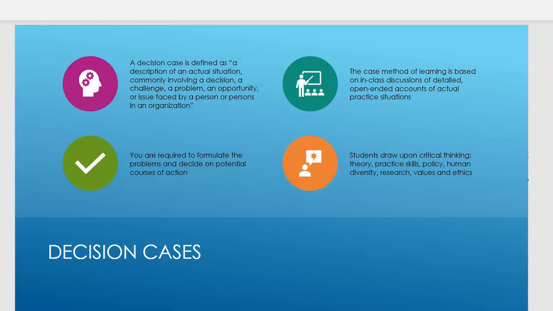The case method of learning is based on class discussion of detailed, open-ended accounts of actual practice situations. So the in-depth case analysis is designed to provide ways of thinking about the case, to identify options and possible courses of problem solving.